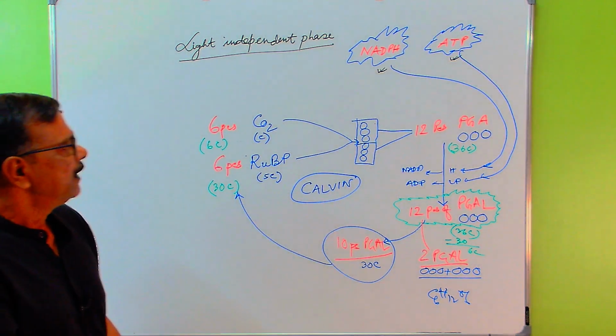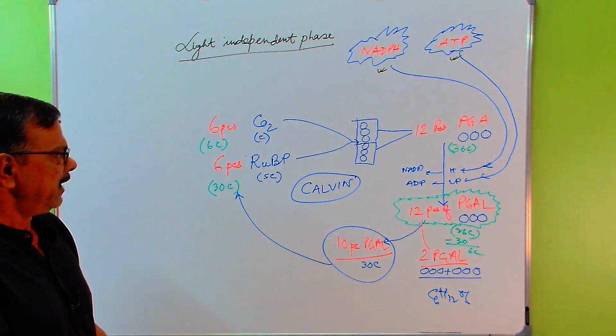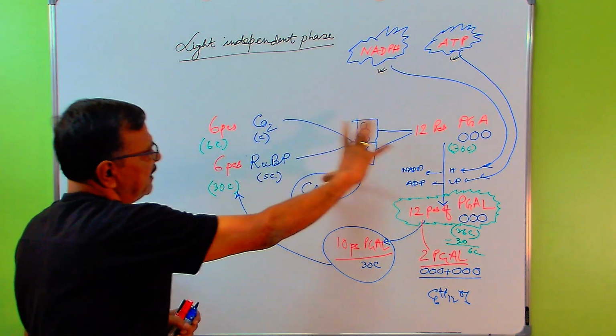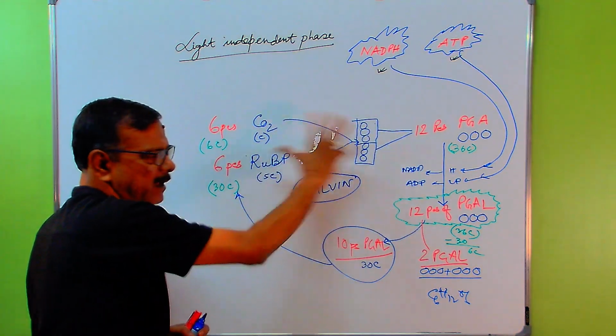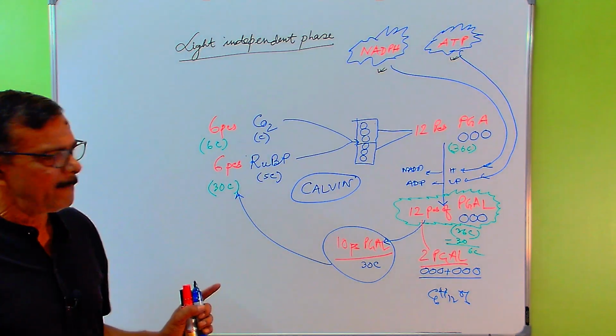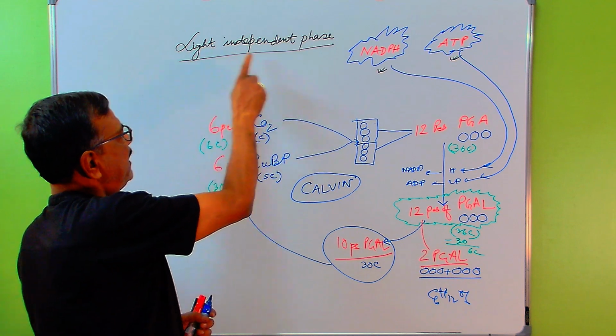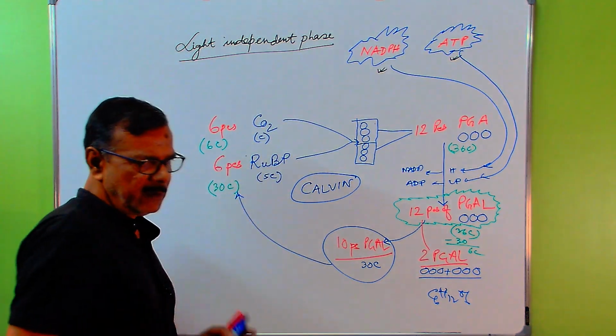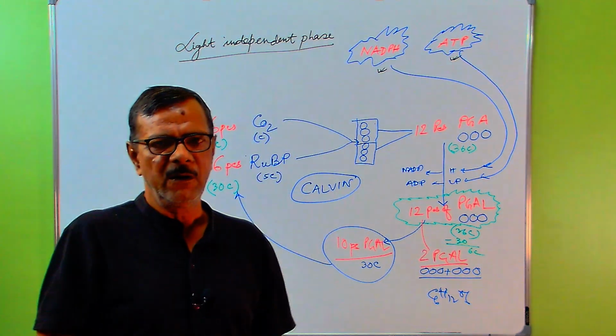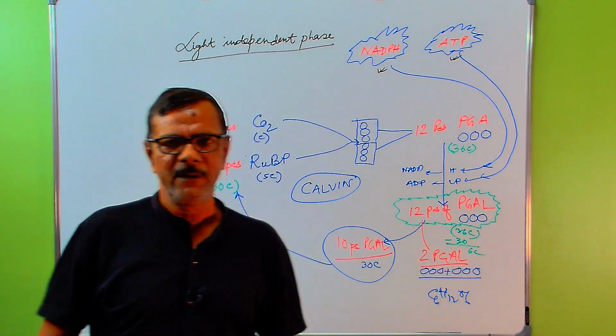Now what we can observe is that this is the light independent phase. No light is necessary. So we can conclude that the light independent phase is not dependent on light.